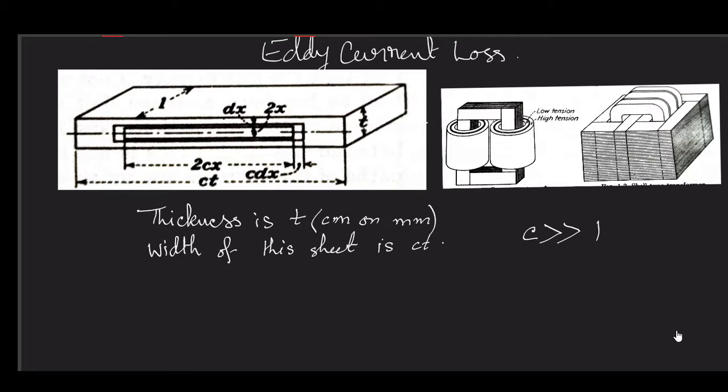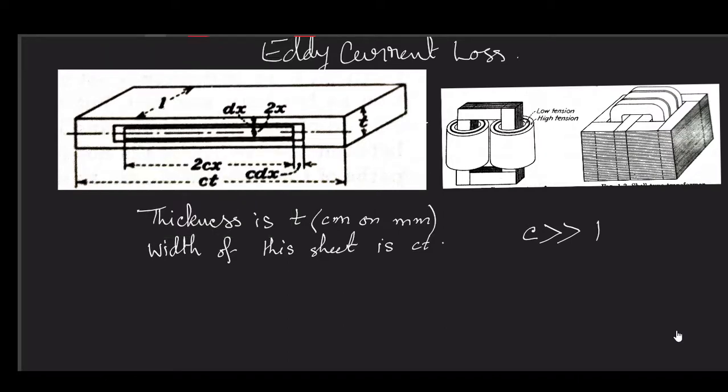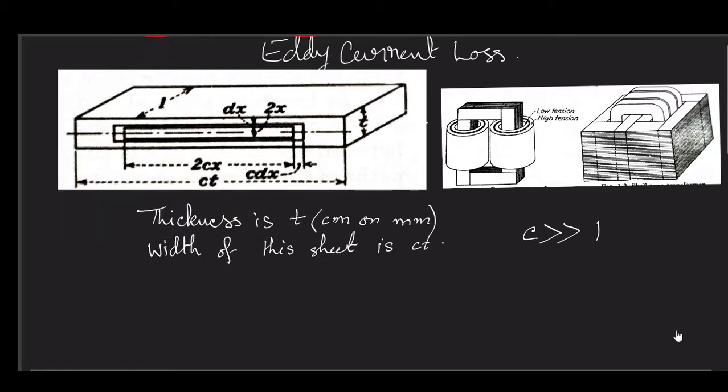And also we assume that the length of that lamination in this direction is l. Here you can see, this is actually l.